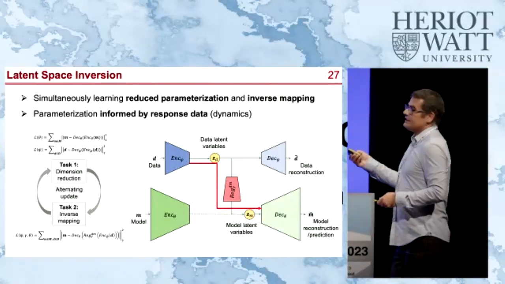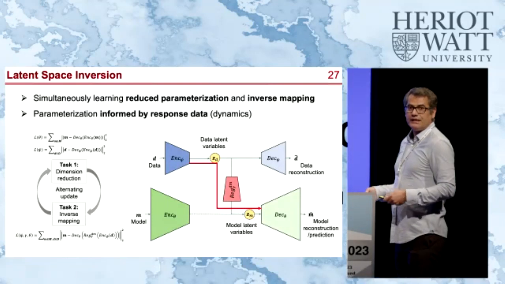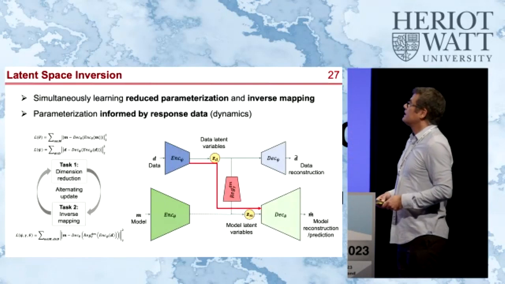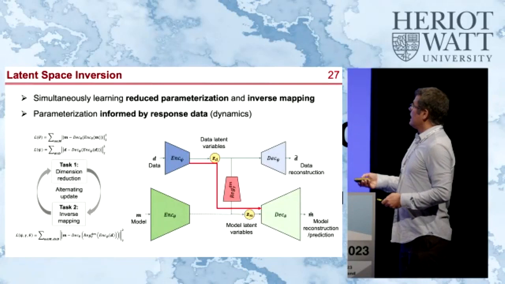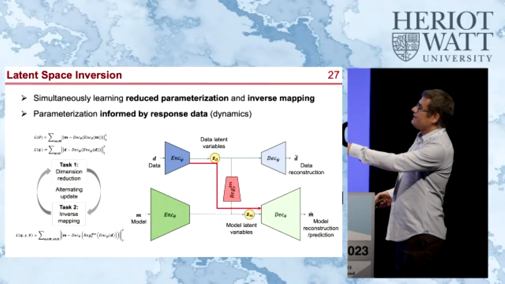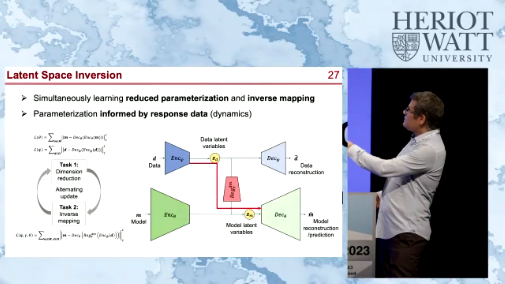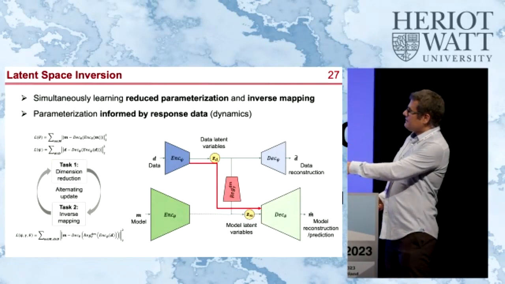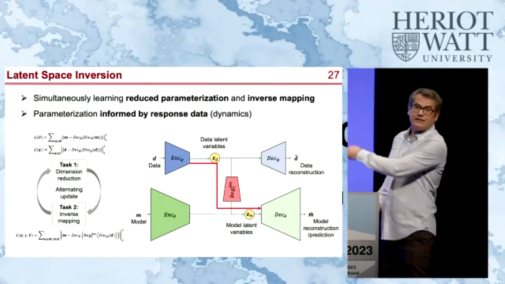So we actually jointly train using geological data, or realizations of the parameters of our models, as well as the response data that we collect through the simulators. And after training this, one of the interesting points that is quite different from the traditional parameterization approaches is that, through this training process, the latent space that we identify for the model is actually informed by the data too.